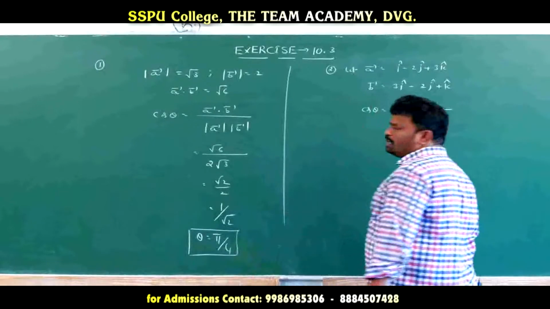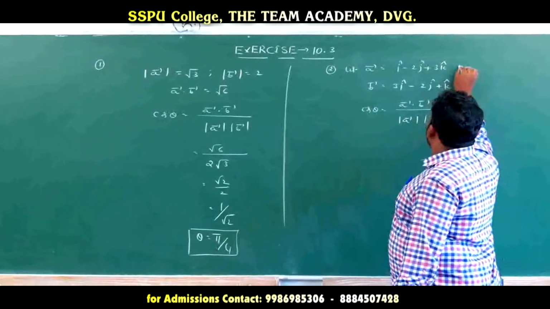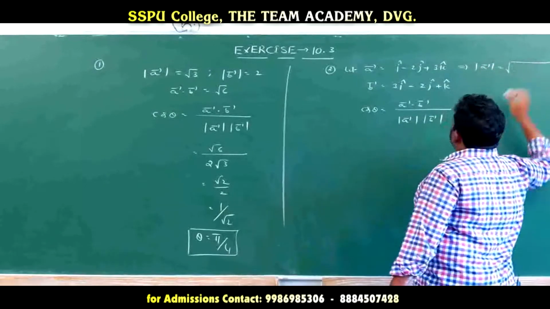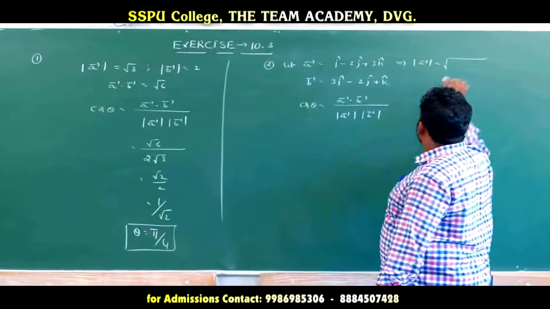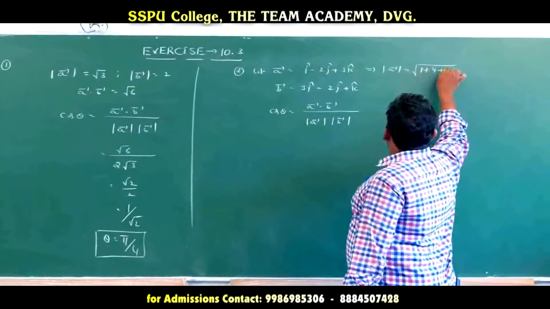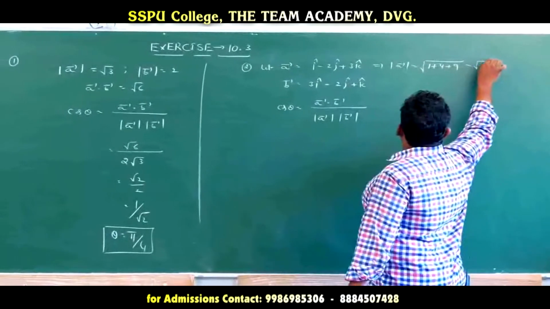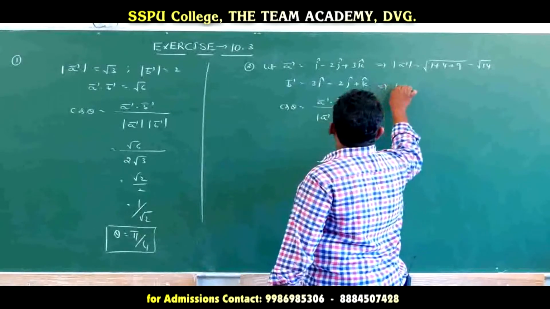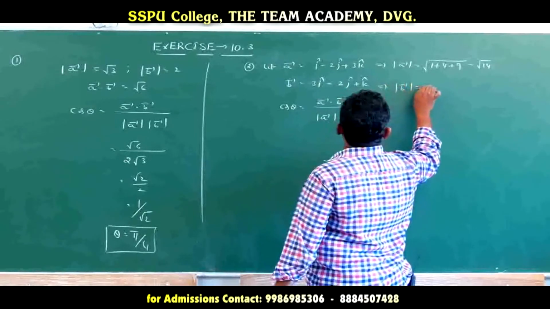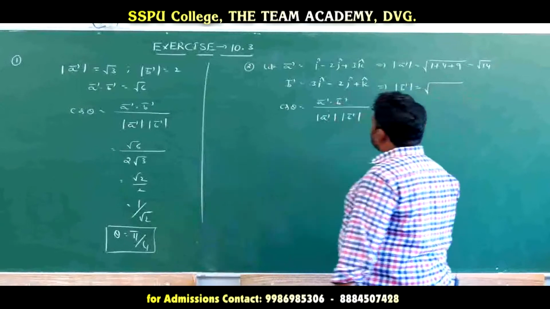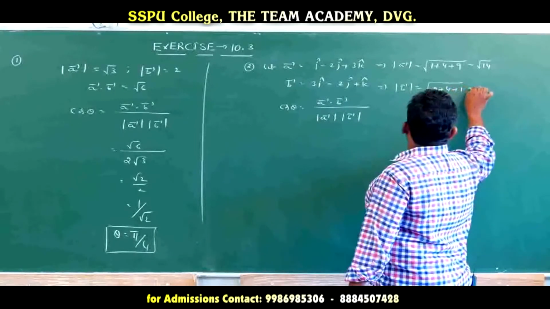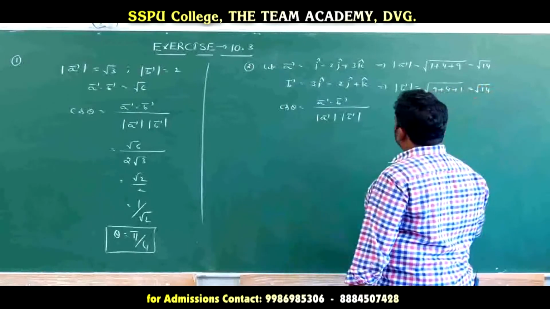Now here we find the magnitude of a bar. Sima, magnitude of a bar is equal to root of 1 plus 4 plus 9, that is equal to root 14. Magnitude of b bar is equal to root of 9 plus 4 plus 1, again this value is equal to root 14.